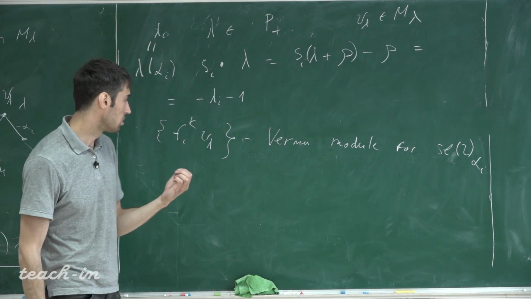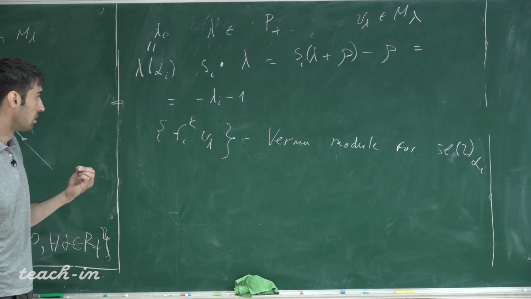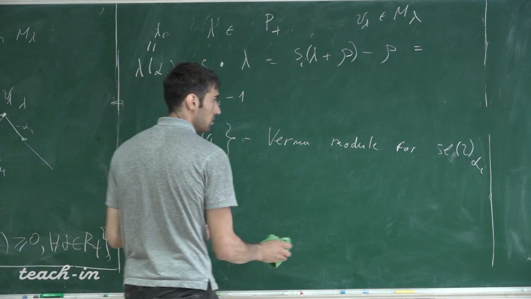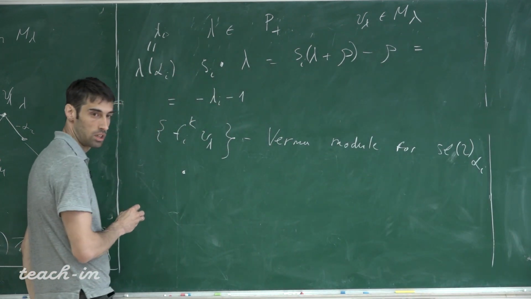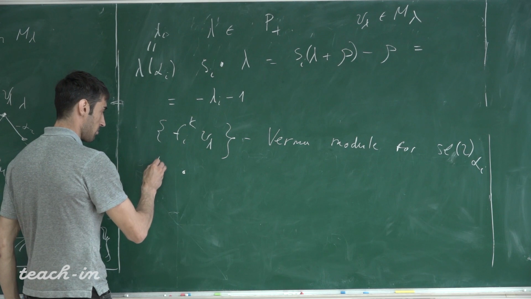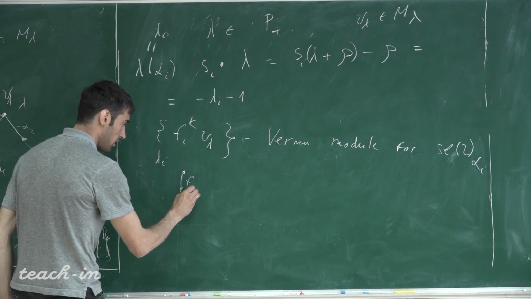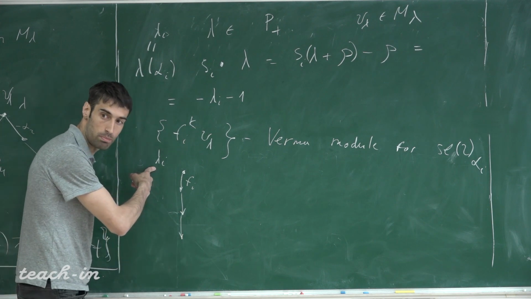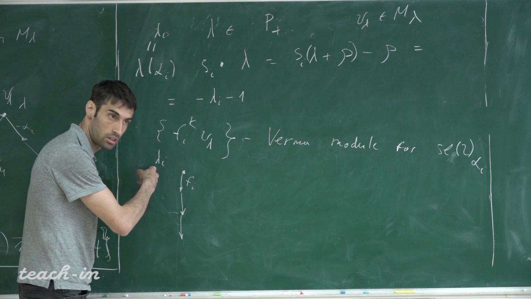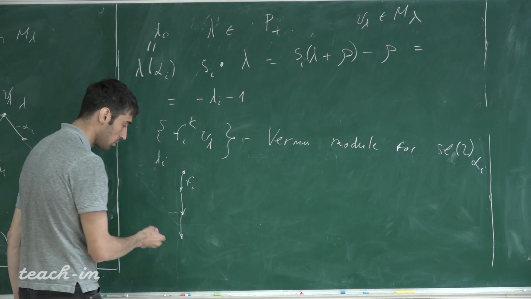But in the Verma module for SL2 alpha_i, what's going on? Let's recall. We have the highest weight, lambda_i in this case, and then I go down by 2, applying f_i. And if this lambda_i is a non-negative integer, then what happens?